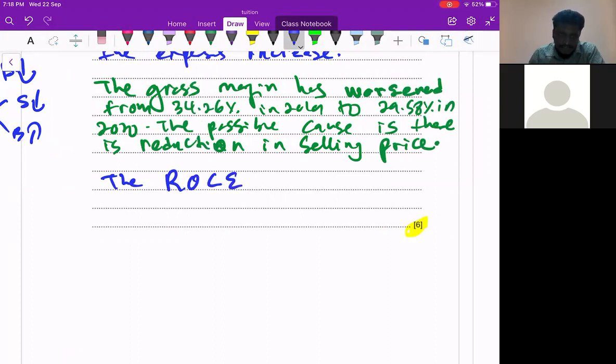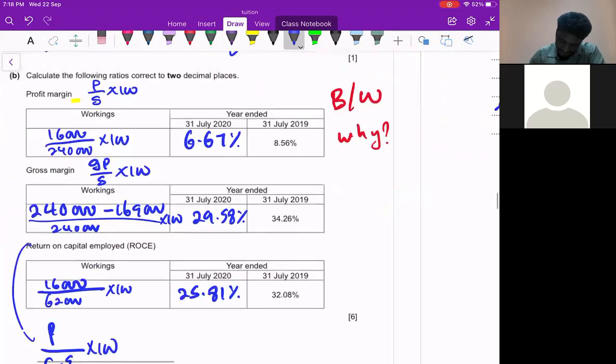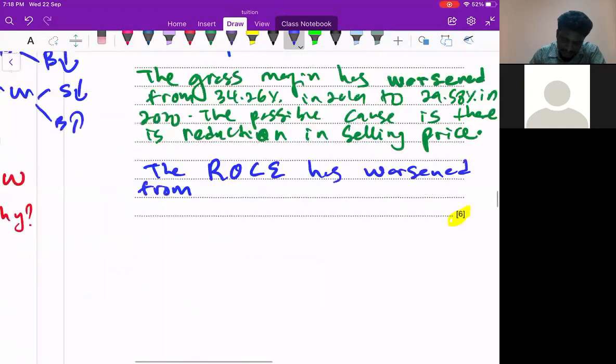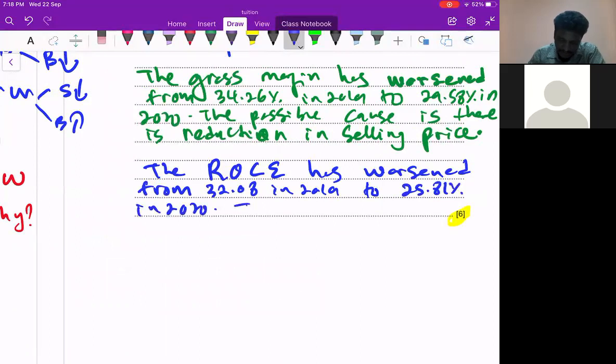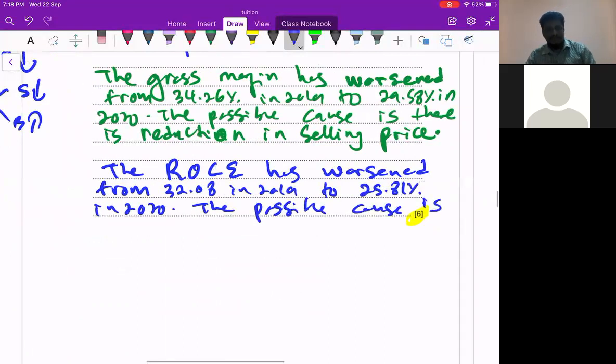The return on capital employed has worsened from 32.08% in 2019 become 25.81% in 2020. The possible cause is why?